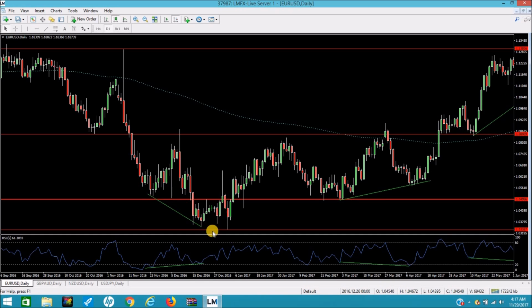So my first entry would have probably been around here after this hammer, right? Because we have our divergence finished. I'd enter once this candlestick opens at support.